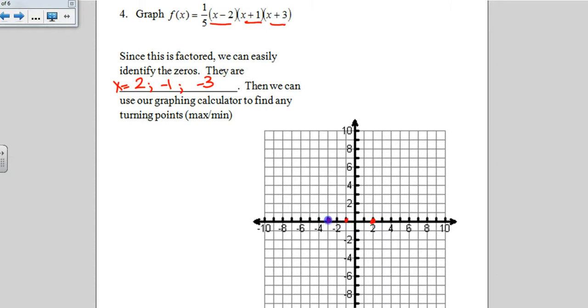Now to get the rest of this function, I'm just going to use my graphing calculator to determine where my max or mins need to go.